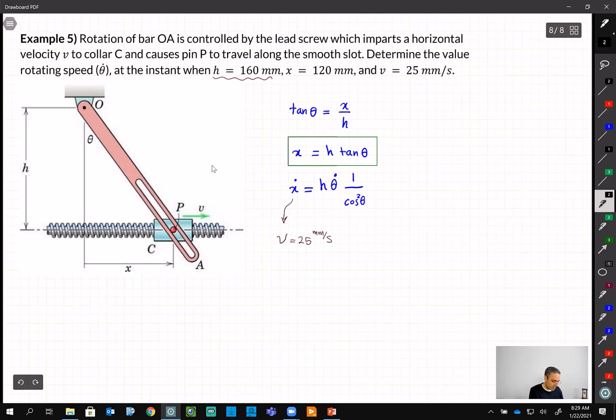We just need theta, right? I can write tangent theta equals x over h, but at this moment x is 120, because the question asks to find it at this moment, and then over h, which is 160. From here, we will find theta.